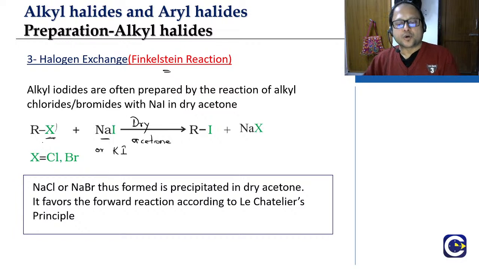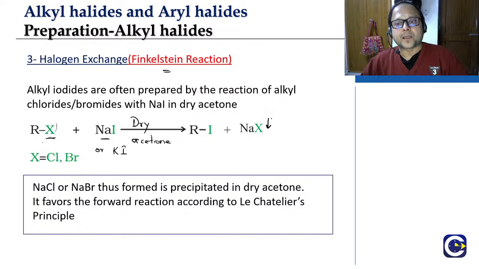So basically, why we use dry acetone. See, sodium halide being an ionic compound is not very comfortable with dry acetone, and hence it precipitates. We know that like dissolves like, right? You must have studied that in the solution chapter. So it keeps on precipitating.